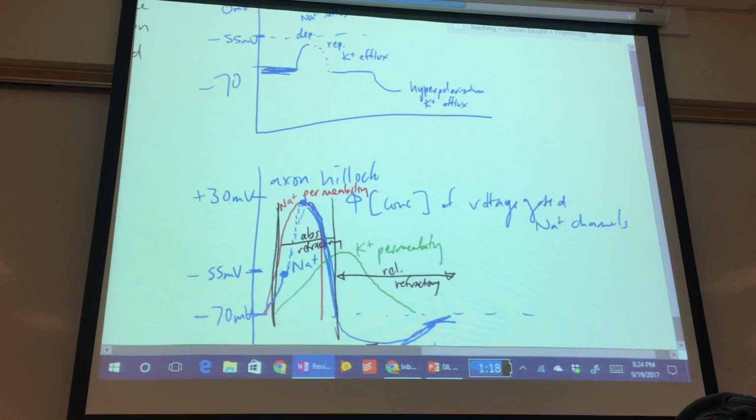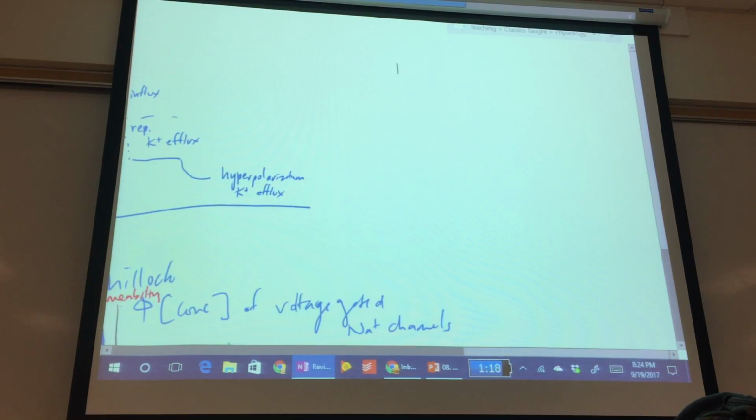So if we get glutamate and it's excitatory, it's going to depolarize the cell and make it more likely to fire because it's closer to threshold. If I have an inhibitory neurotransmitter, it's going to hyperpolarize the cell, making it less likely to fire.